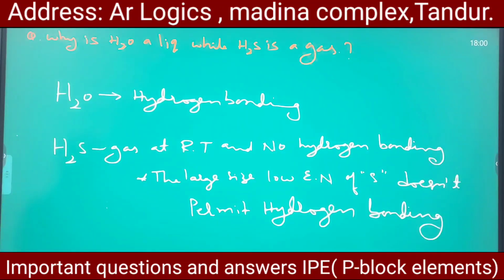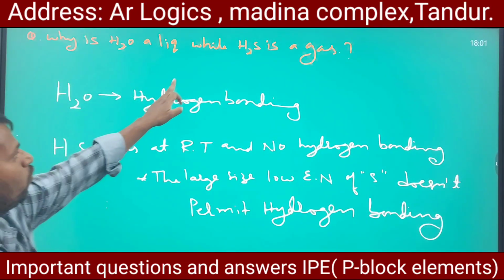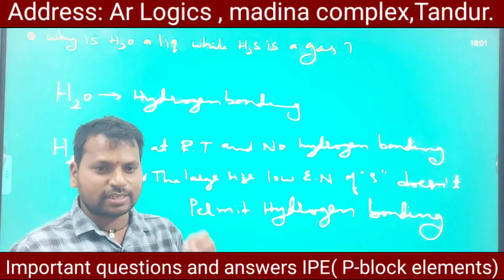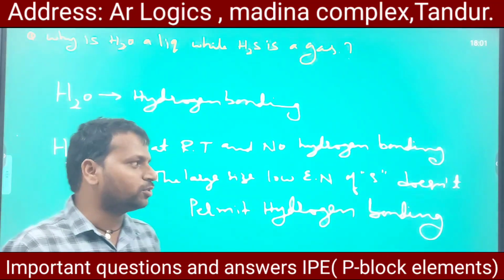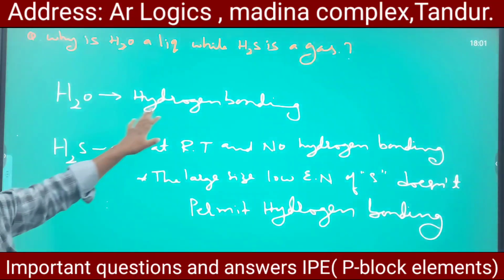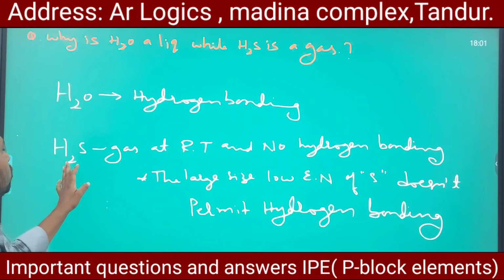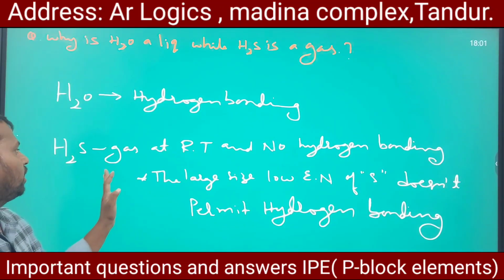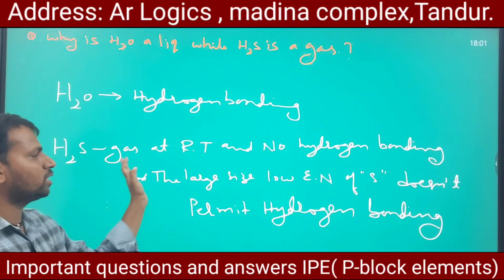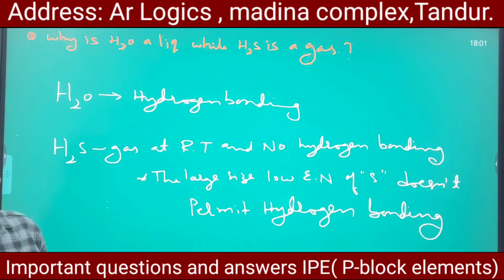Next, why is H2O a liquid while H2S is a gas? It is also explained on the basis of hydrogen bonding. H2O has hydrogen bonding, but H2S has no hydrogen bonding, so at room temperature H2S is a gas and H2O is a liquid.